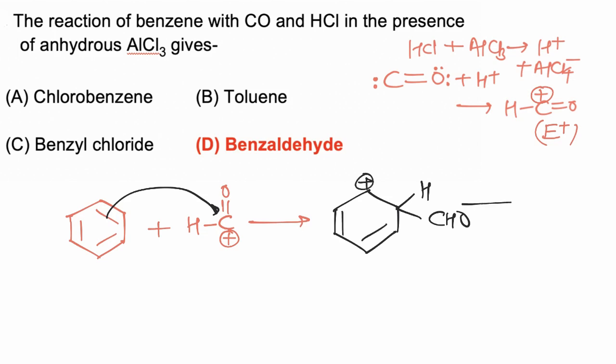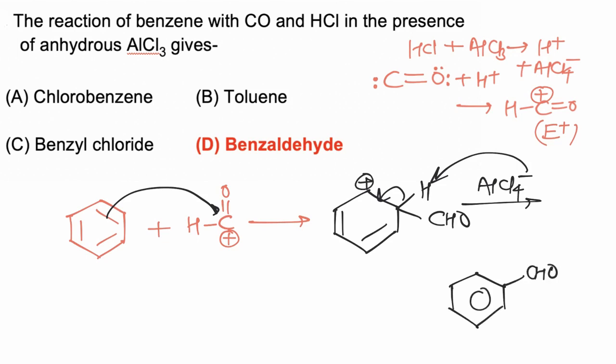In the last step, AlCl4 negative acts as a Lewis base, abstracts H positive ion, and aromaticity is regenerated, so benzaldehyde is formed as a product along with formation of HCl, and hence the correct answer is D.